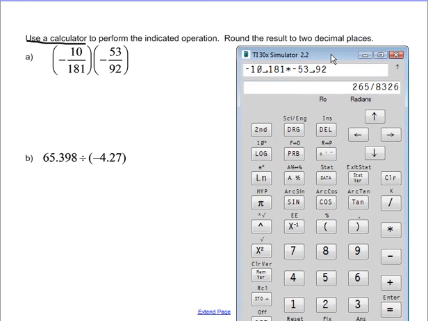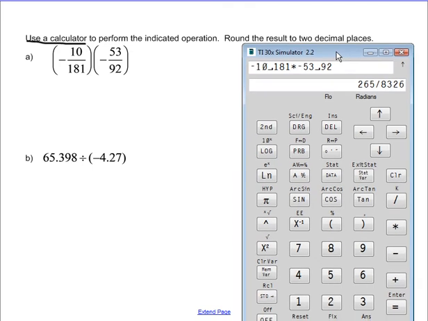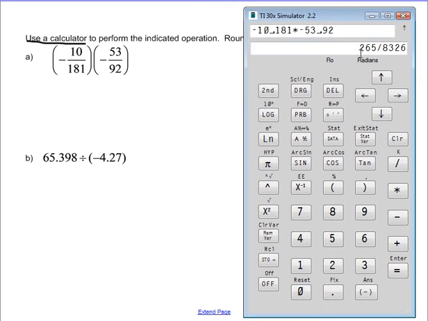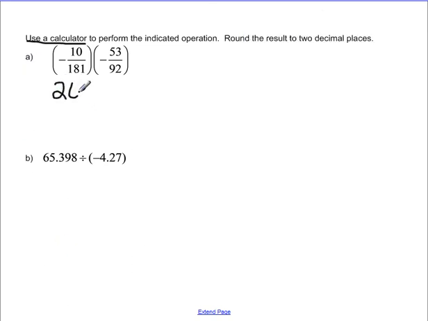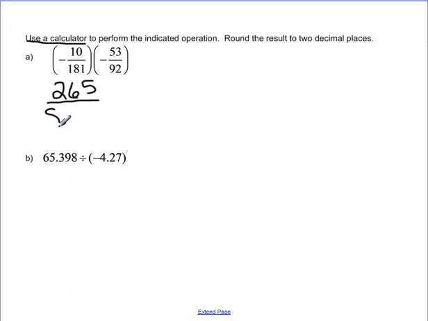But if you remember, the directions talked about rounding to decimal places. So let's go ahead and jot down this fraction. Our numerator is 265, and the denominator was 8,326.